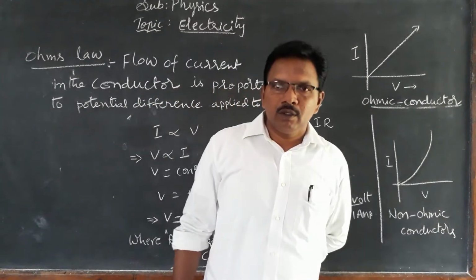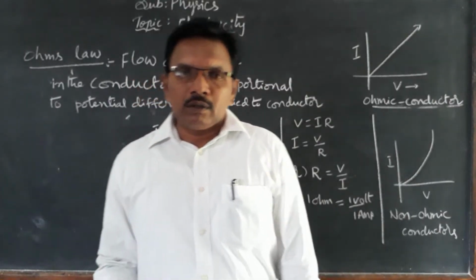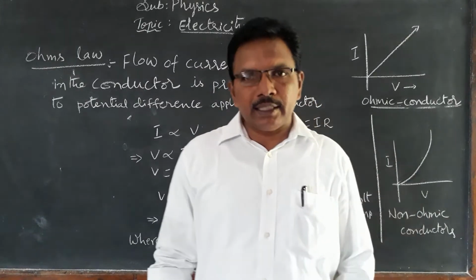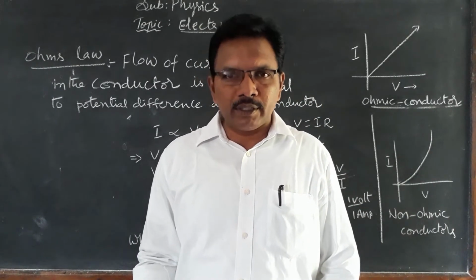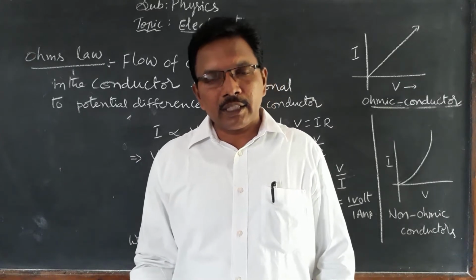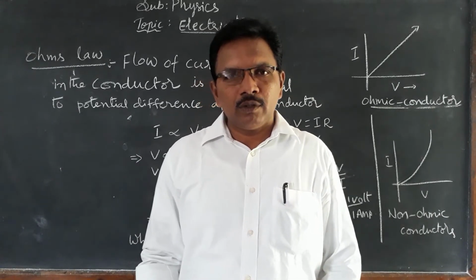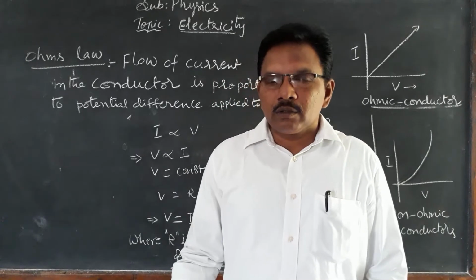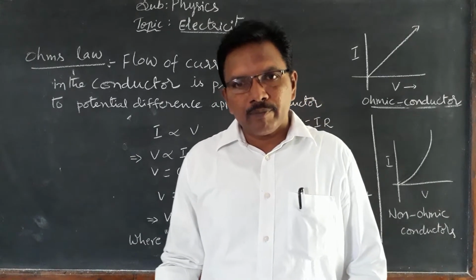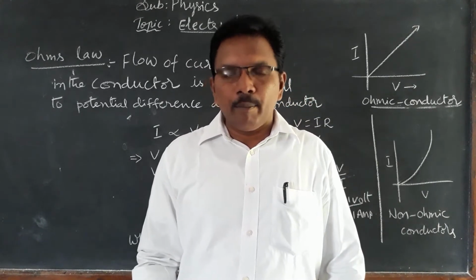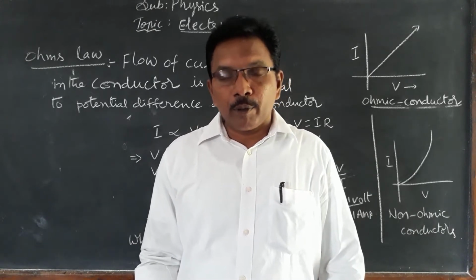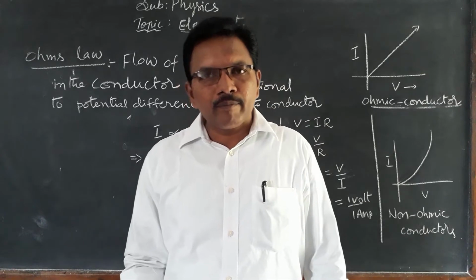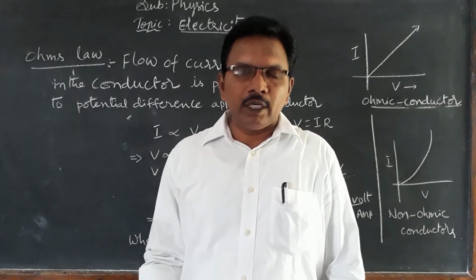Means the current that flows in the conductor depends on the applied potential difference across the conductor. In a simple manner, the current we measure with the ammeter in amperes, and the potential difference we measure with the voltmeter in volts.